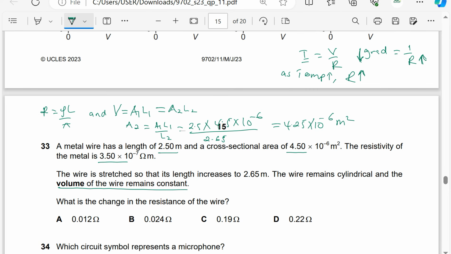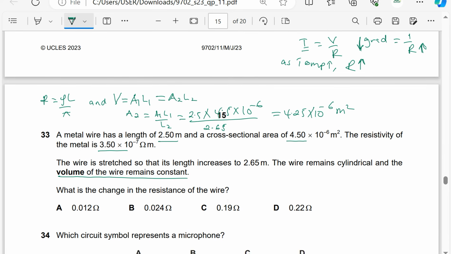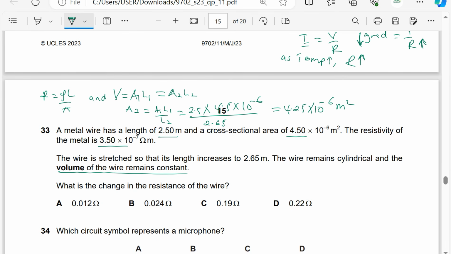So I want to find the change in resistance. Okay, let me first find the resistance of the first wire. I'll call it R1. R1 is equal to rho, because it's the same wire, the resistivity is going to be the same.